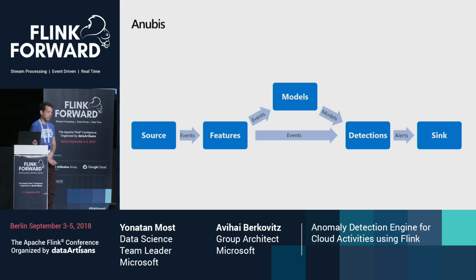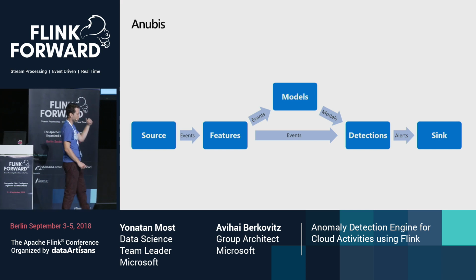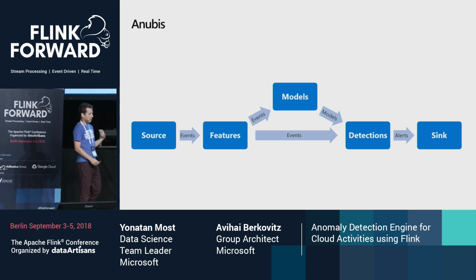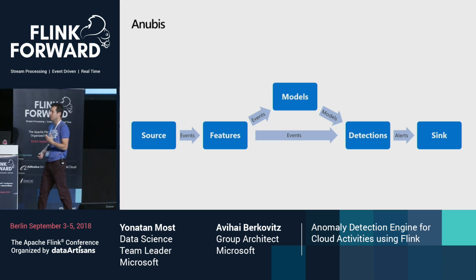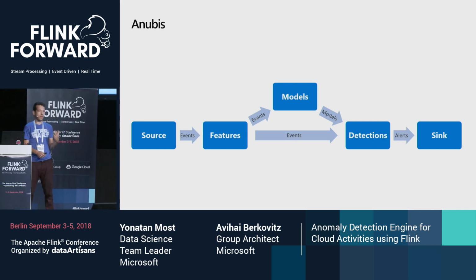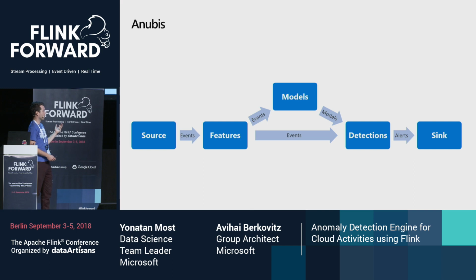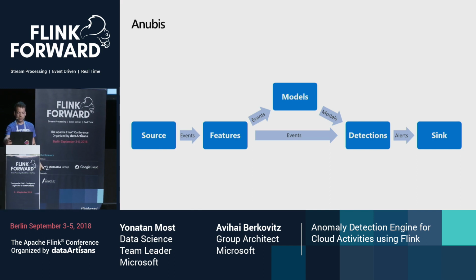On the other hand, the model calculation is where we have a potential heavier type of calculation. So we want to avoid having that create backlog and hold up the entire pipeline. So we have the models in a parallel branch.